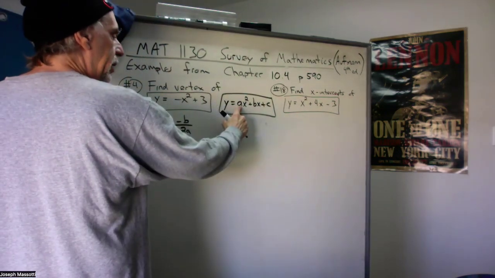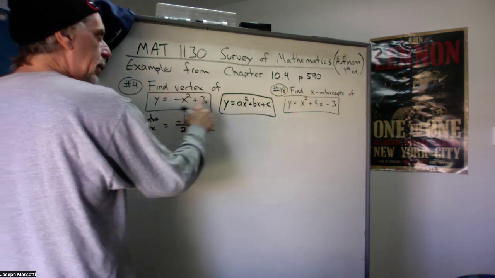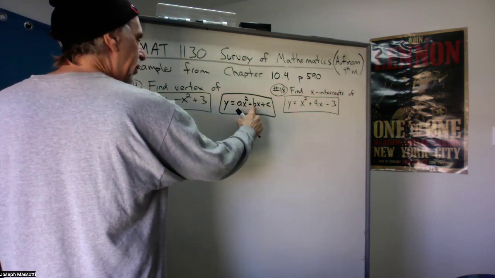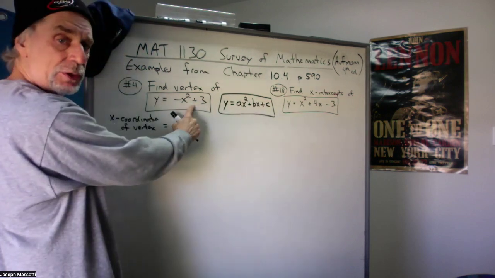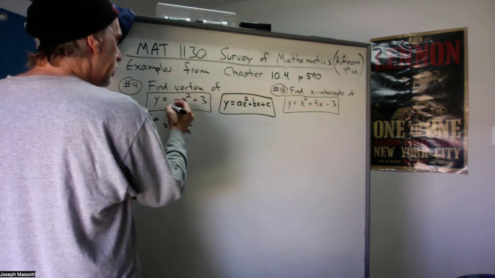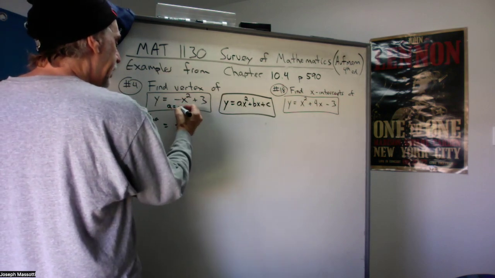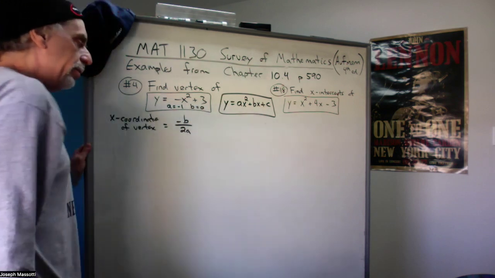So the a is the number in front of the x squared term. In this case, a is -1. The b is the number in front of the x to the first term. Well, there is no x to the first term here, so that b term is going to be 0. Right? So in this case, a is going to be -1 and b is going to be 0.